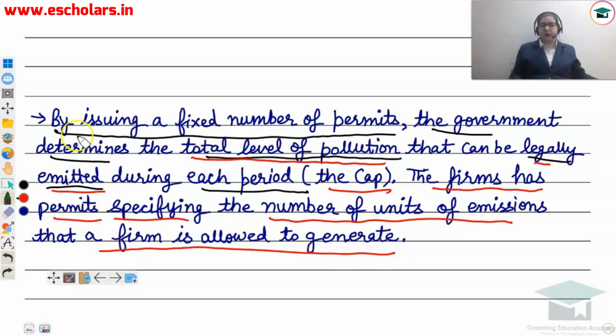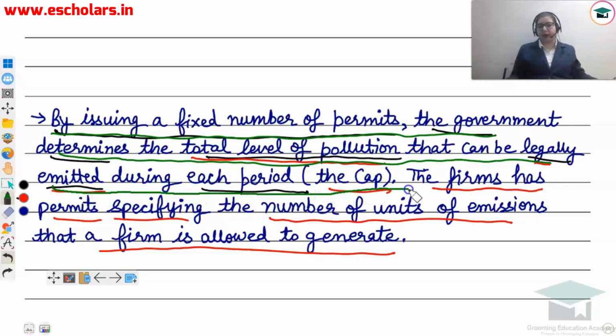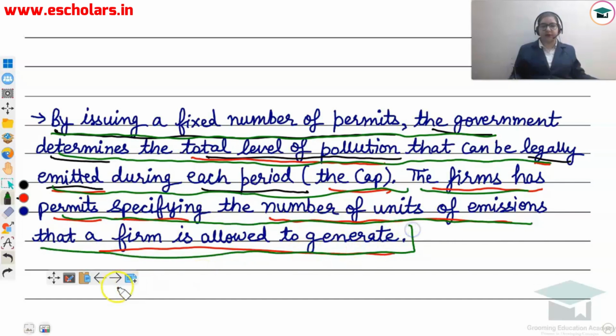So let's recall it till now. By issuing a fixed number of permits, the government determines the total level of pollution that can be legally emitted during each period, that is the cap. The firms have permits specifying the number of units of emissions that a firm is allowed to generate.